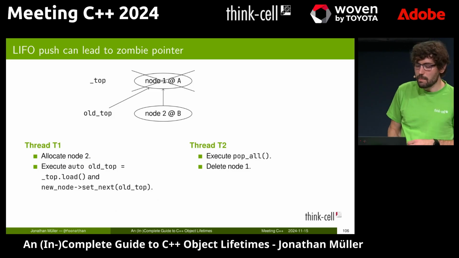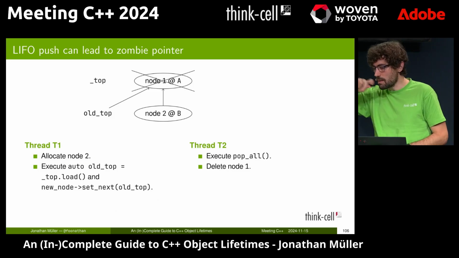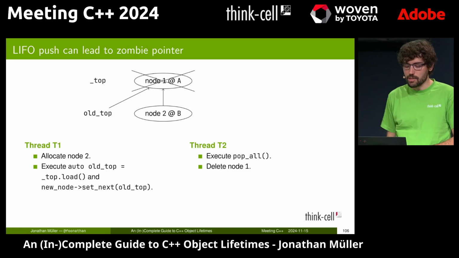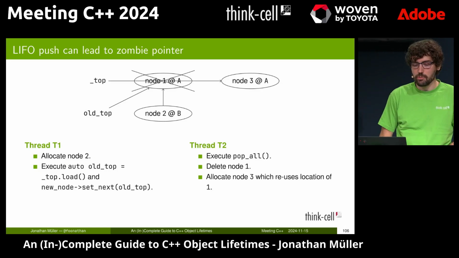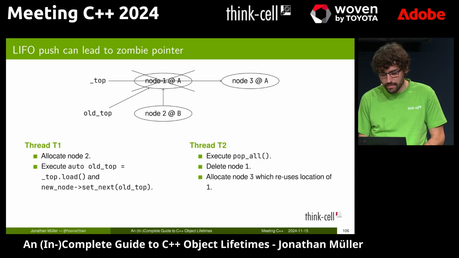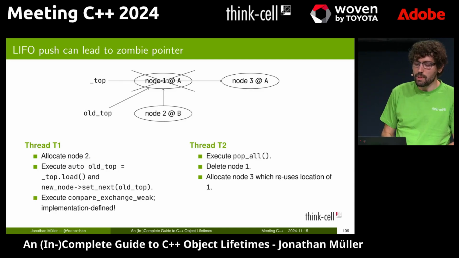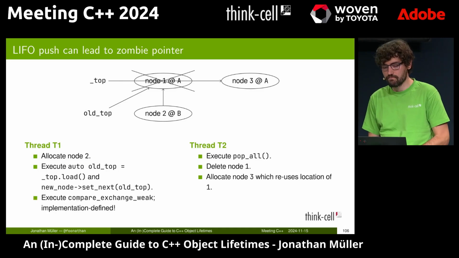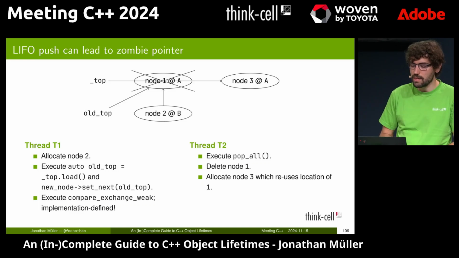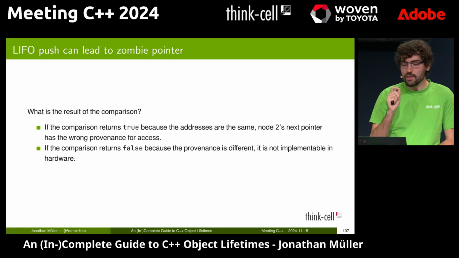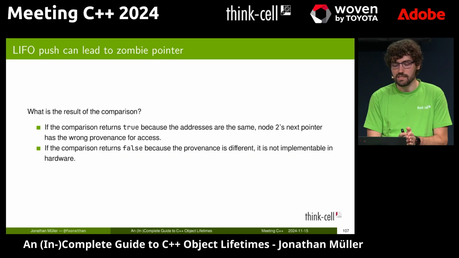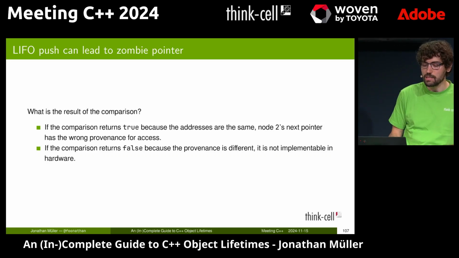But something even worse can happen. Let's say now we're at this point, thread T2 deletes node 1, and now we allocate node 3, which reuses the location of node 1. And then we execute the compare exchange weak, which is implementation defined. And now something really subtle can happen. Because what is the result of the comparison? If the comparison returns true, because the addresses are the same, then node 2's next pointer has the wrong provenance.